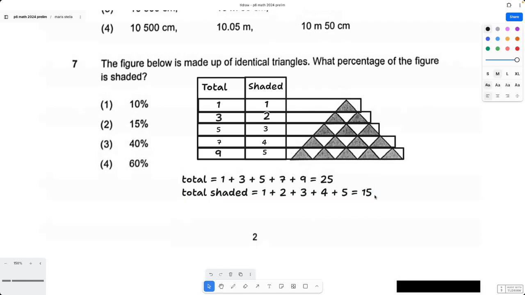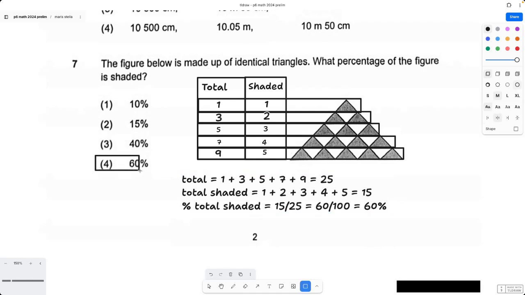So the percentage shaded is 15 out of 25, which times 4 is 60 out of 100, which means it's 60%. So the answer is option number 4.